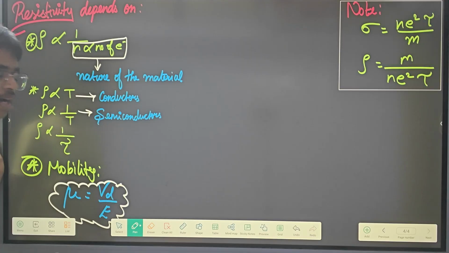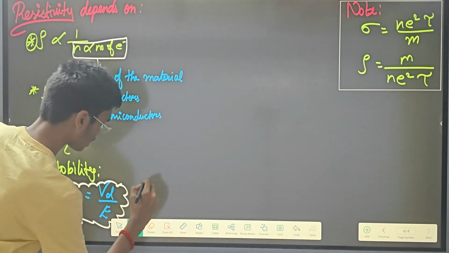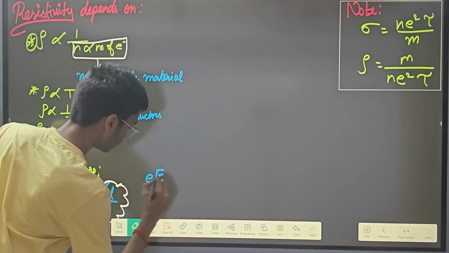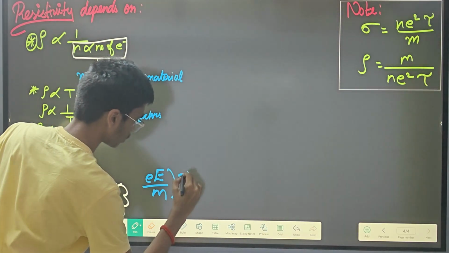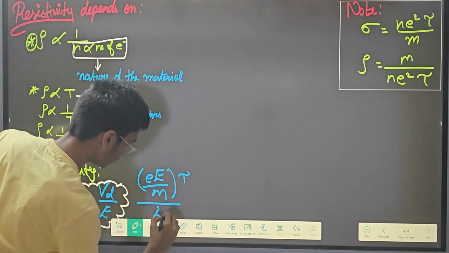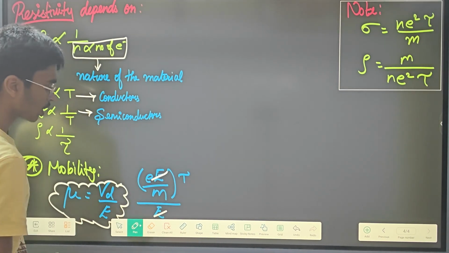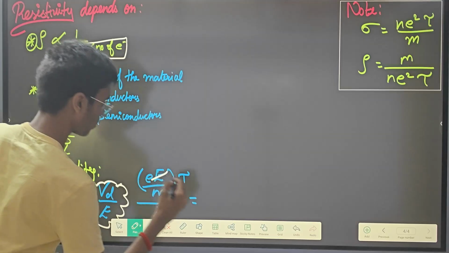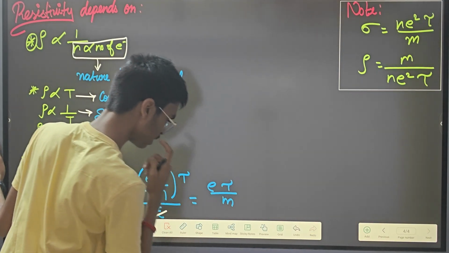See, the drift velocity is actually eE divided by m into tau, divided by capital E, right? So this E and this E can be cancelled out. That means it can be said as just e tau by m.